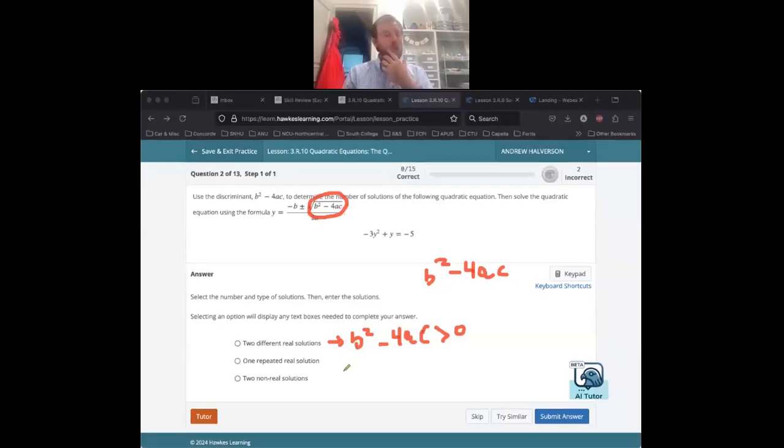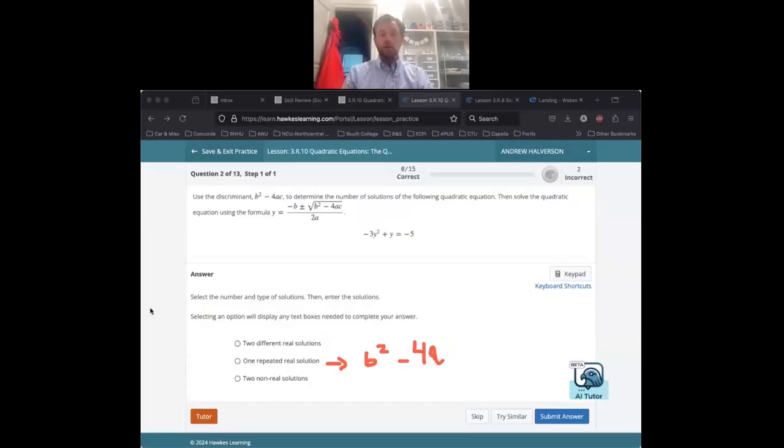When the discriminant, just that part of it, doesn't matter about the square root, just that part of it, when b squared minus 4ac is positive, something higher than 0, you will always have 2 different real solutions. You will have 1 real solution right here when b squared minus 4ac, the discriminant, equals 0.